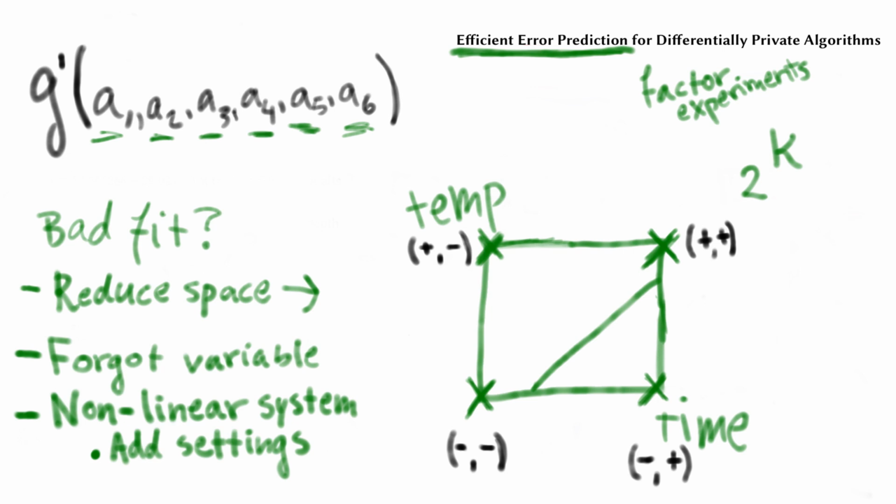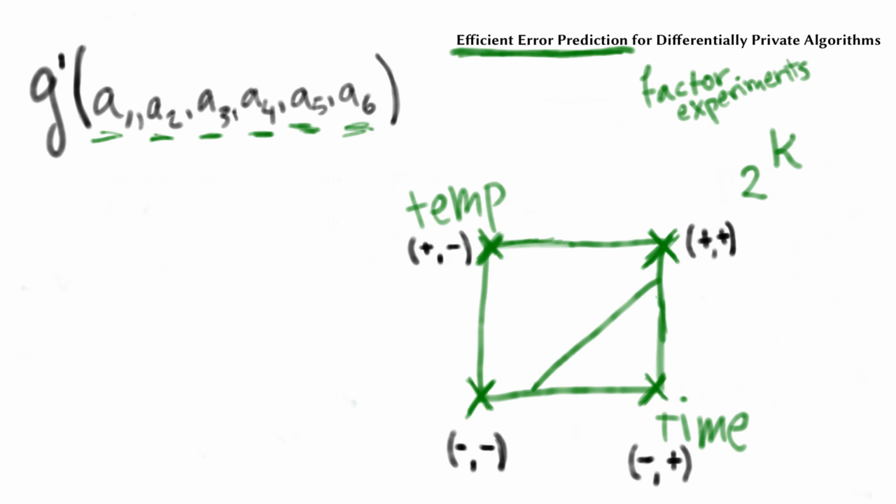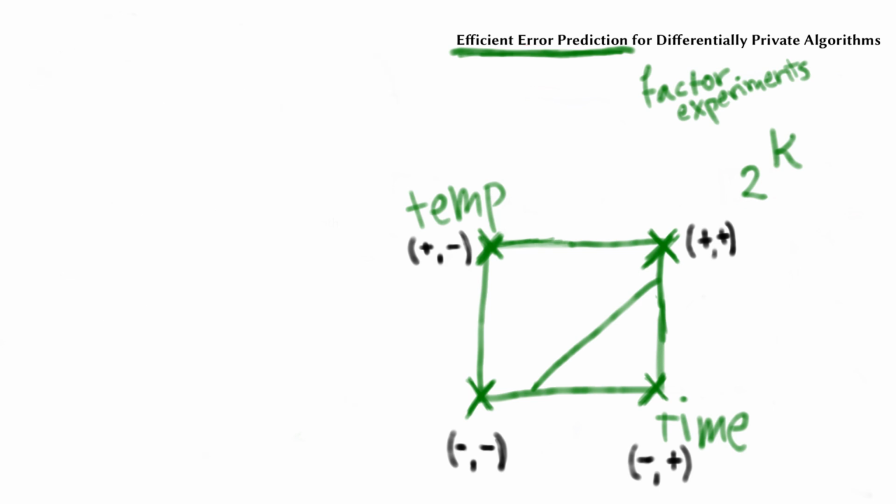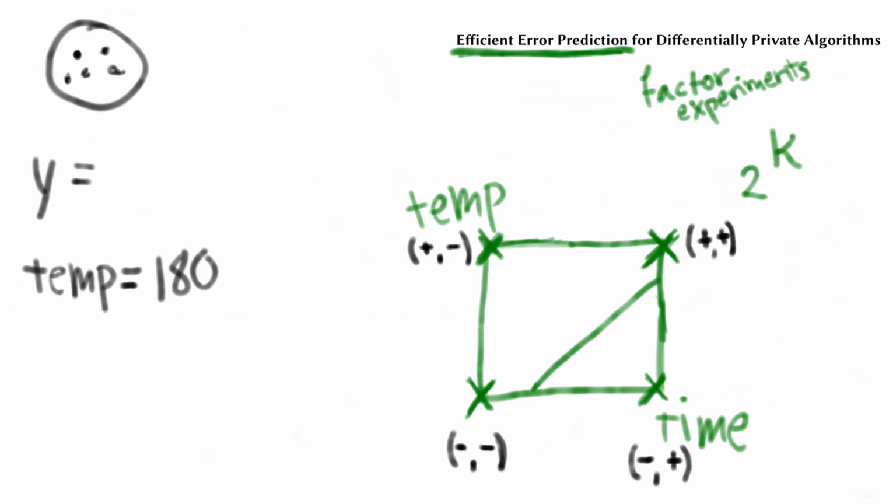But once your model checks out for your validation, you can now plug in any values from your space into your model. This means you can predict your error for a given setting. For example, our cookie score model from before will be able to predict the score of a cookie baked at 180 degrees for 16 minutes. You can also use your model to find solutions where error is minimal.